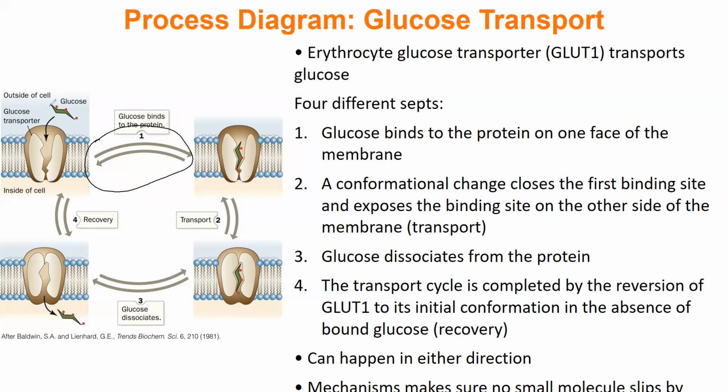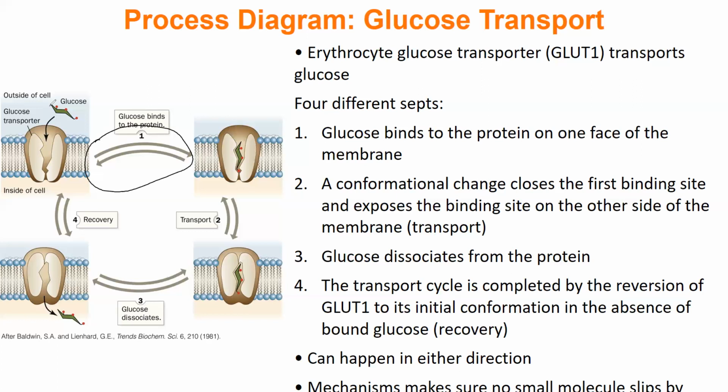The reason we go through the trouble of having only one side open at a time is that we don't want any other molecule to slip through. We don't want water or any ions to be transported. As we have seen, concentrations of things matter a lot, and we want to control what goes in and out of the cell.